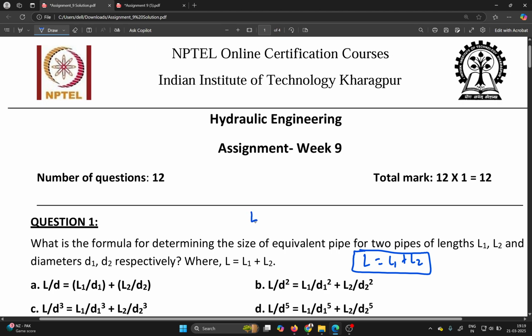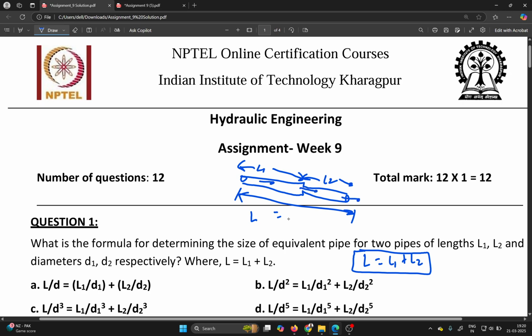That is, the total length, let us suppose this is L1 and this is L2. So the total length is L and water is flowing in this direction.